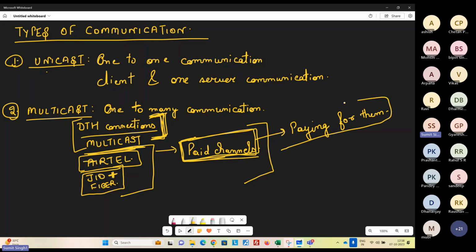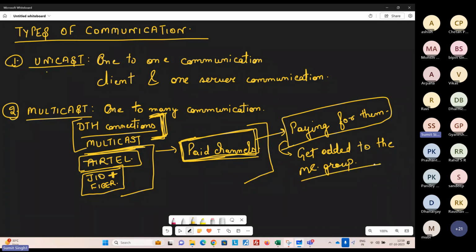By paying for those paid channels, you get added to the multicasting group. When I talk about the IGMP protocol in more detail, you will get to know what this multicasting group is. Once you get added to the multicasting group, only then will you receive that channel. Otherwise, you will not receive the channel.